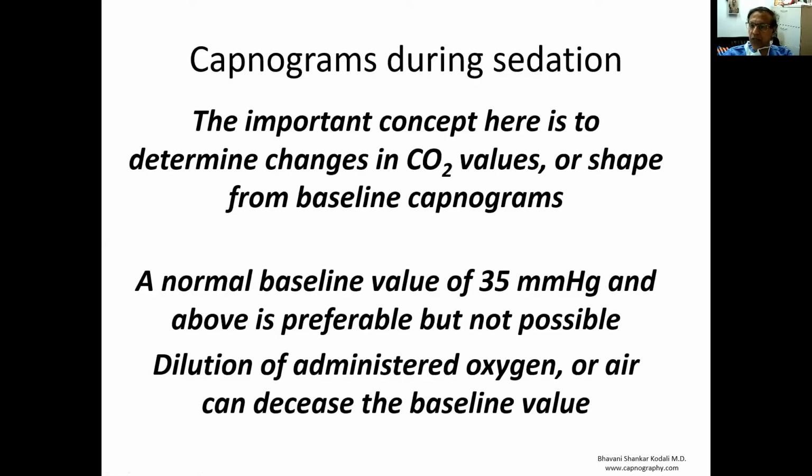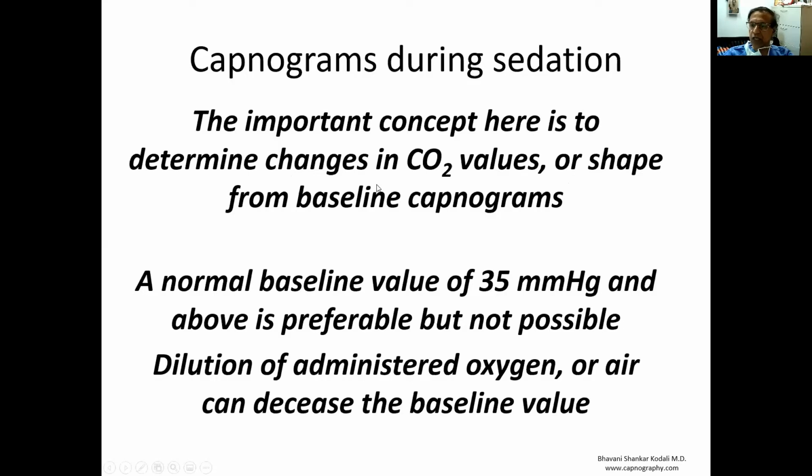to get a normal shape or normal value because of concomitant administration of oxygen or dilution of expired gases by atmospheric air. Therefore, the important concept here is to determine changes in CO2 values or shape from baseline capnograms during sedation.